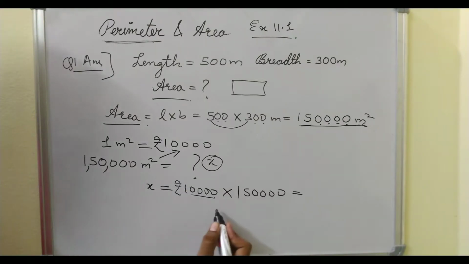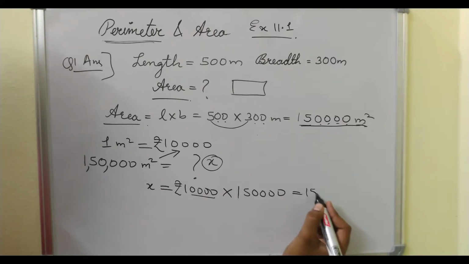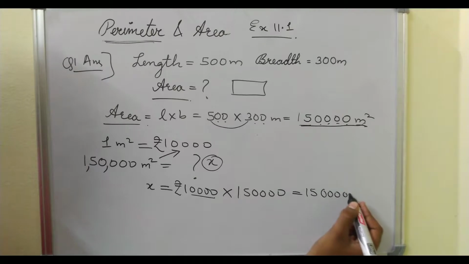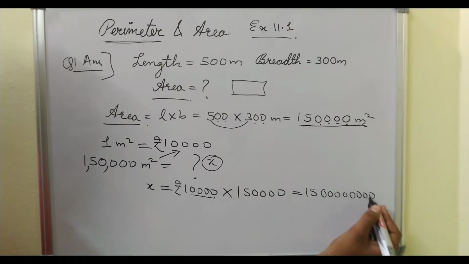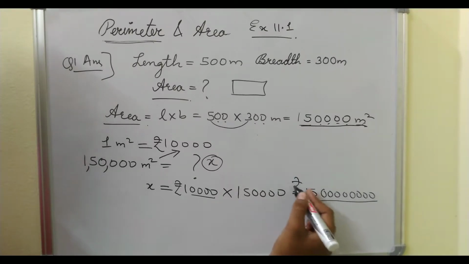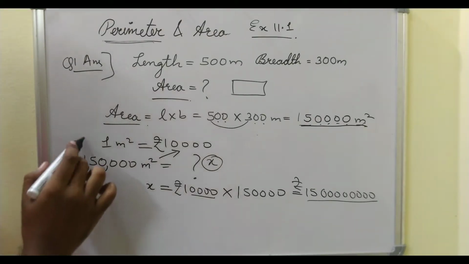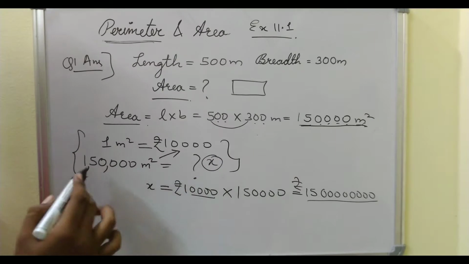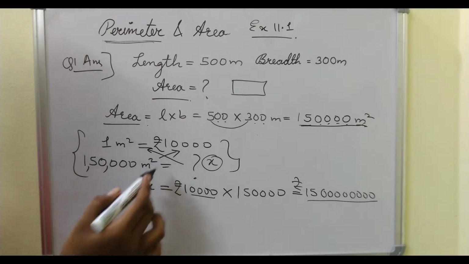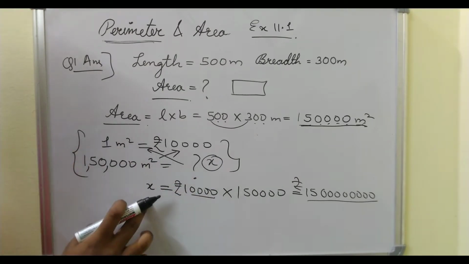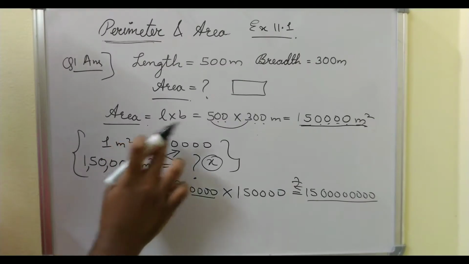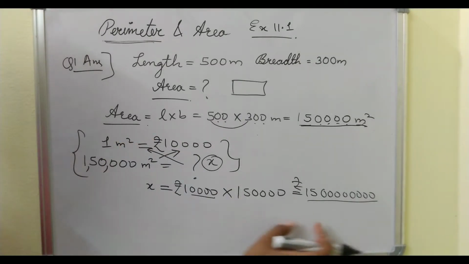Add 4 zeros to this, so that will give you 150000, then again 4 zeros. This will give you the required answer. So here we have done the basic unitary method, that is just to multiply this and this. X into 1 is x, right? This into this is nothing but the required answer. So we have solved the first question.